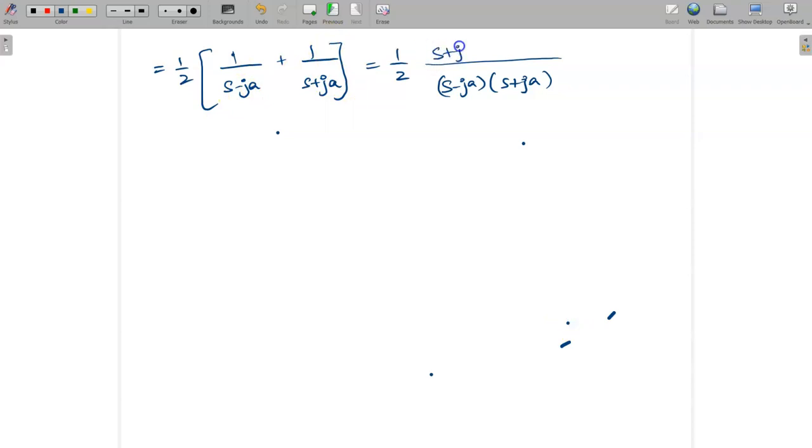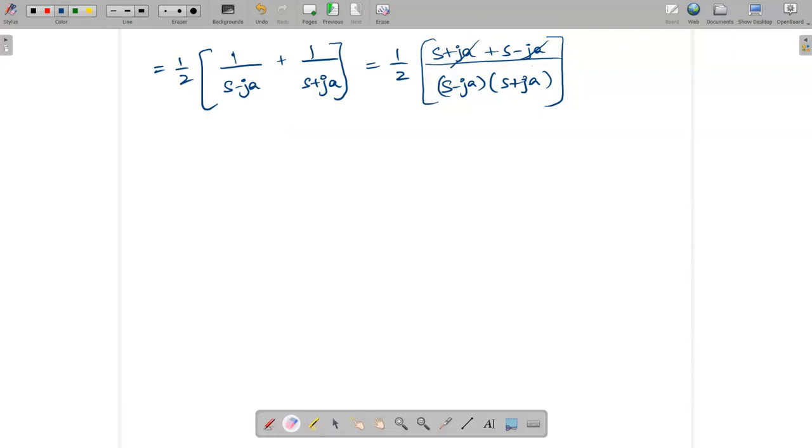This term you multiply here, and this term you multiply here. Here it becomes s plus ja, here it becomes s minus ja. So ja and minus ja get cancelled, and I have s plus s, which is 2s.